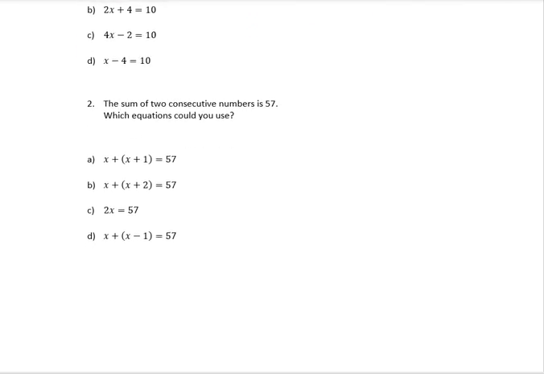The sum of two consecutive numbers is 57. So you need to look up the definition of consecutive. Consecutive just pretty much means next to each other.